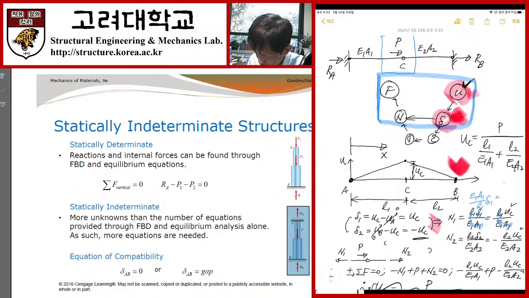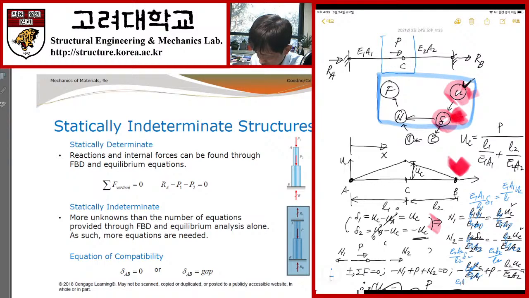It is equal to E1 A1 over L1. You see. Oh, you got me today. And this is equal to E2 A2 over L2 delta 2. And then that should be changed, right?